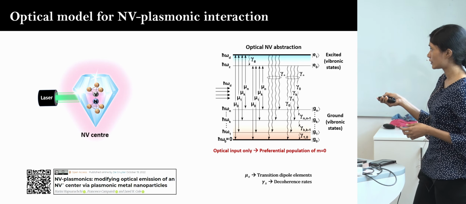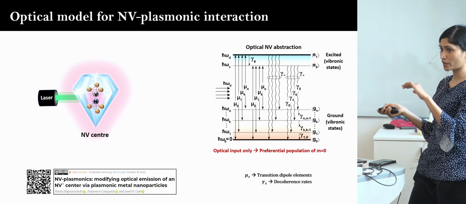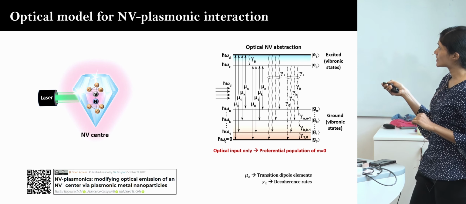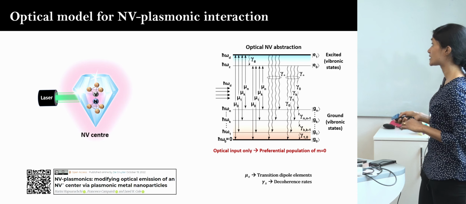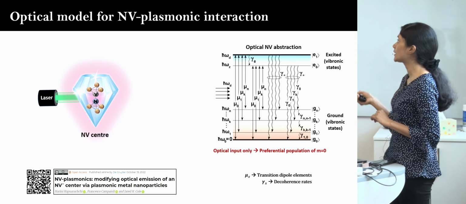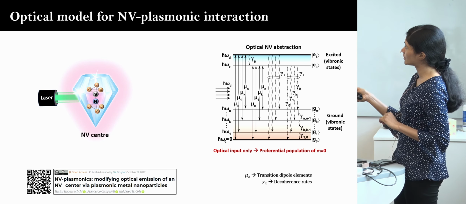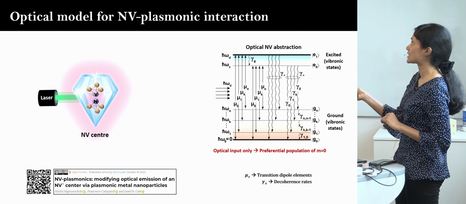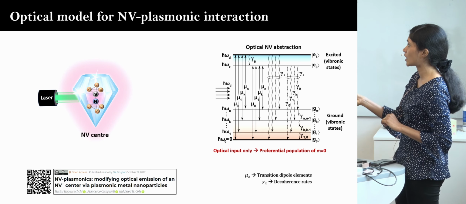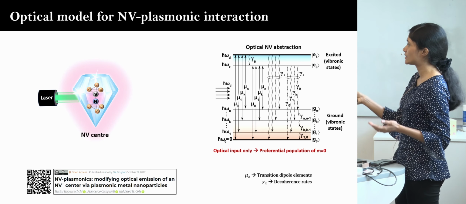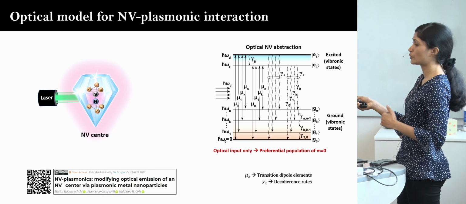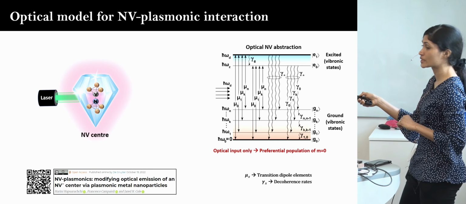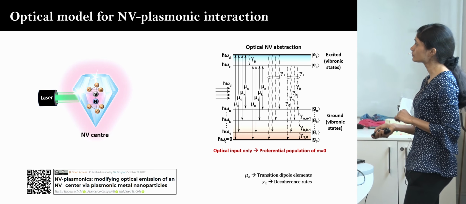Now it has a set of ground states at different vibronic levels, and it has a set of optical excited states as well at different vibronic levels again. And here we've just defined the lowest energy excited state and a phenomenological upper excited level that's kept at the energy of the incoming light. We assume that this is the level the light couples to, and it represents everything above the lowest energy excited level.